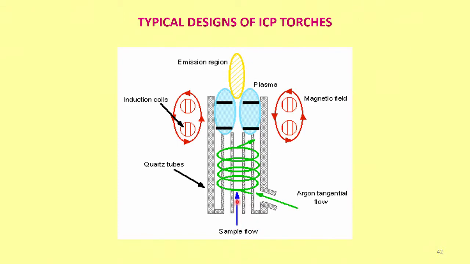So, the sample comes inside the third tube directly, and this is the quartz tube and induction coils are here, that is the RF field, and then plasma will be generated. You can see there is a small gap between these two green systems, okay, and the plasma is not in touch with the quartz tube. So, that is why the plasma torch does not melt, whatever is the metal, normally it is made of quartz.